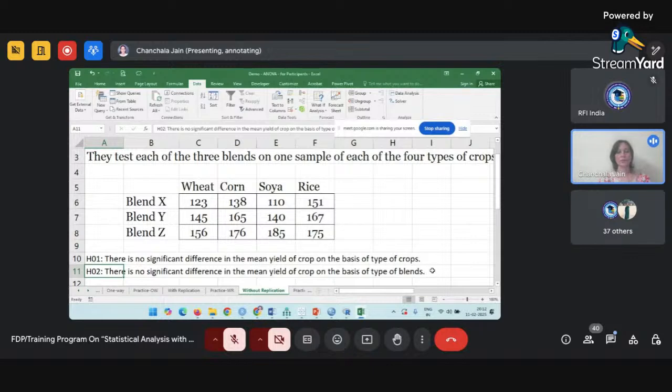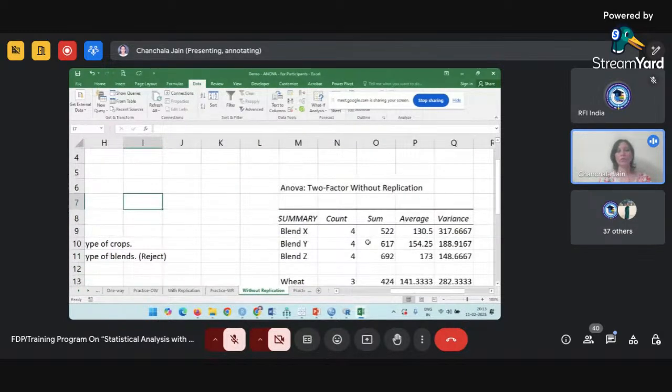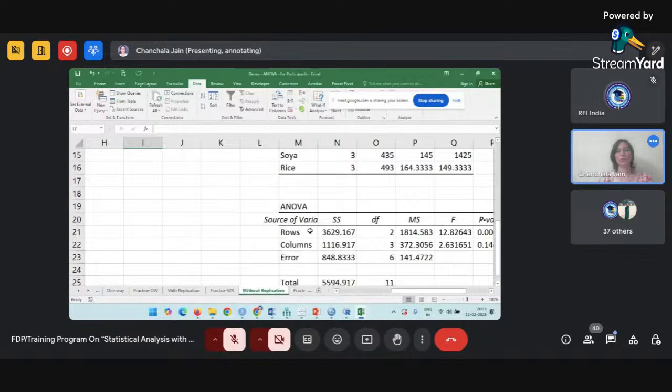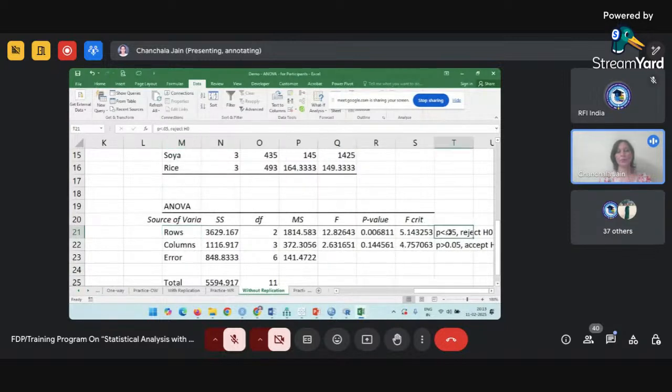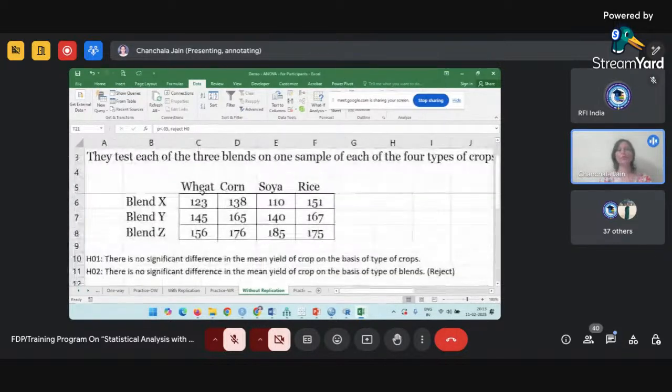This you are rejecting, right? For row we are rejecting the null hypothesis, and in row we have blend. In the column, column 1 I am accepting, and in column we have the crop.